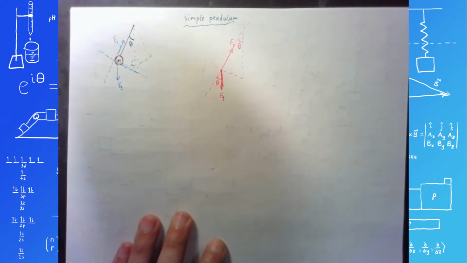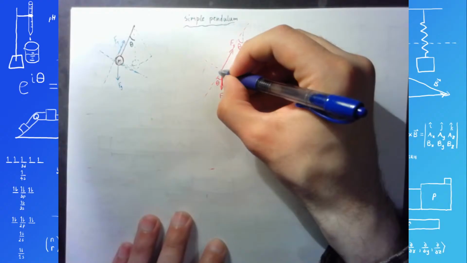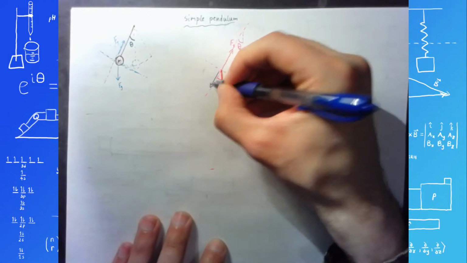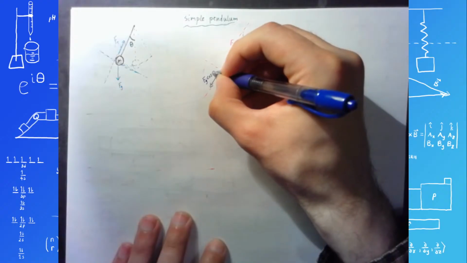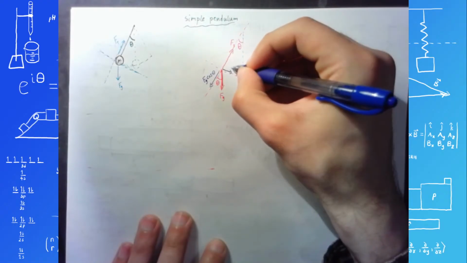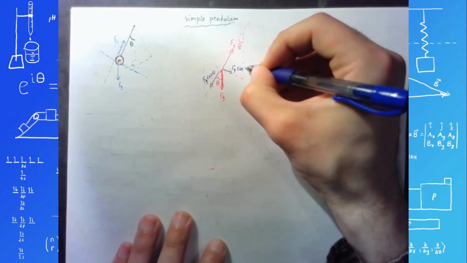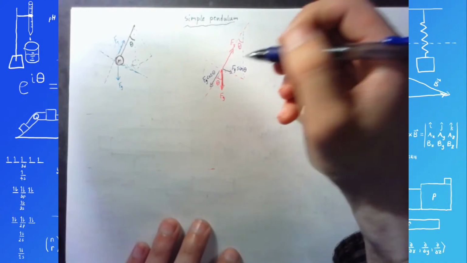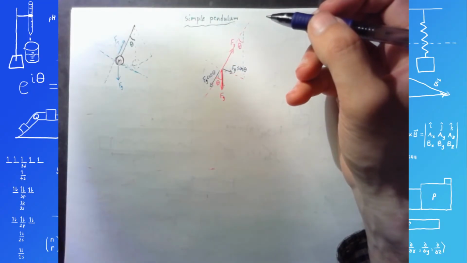Then we can split our force of gravity into a cosine component this way, force of gravity cosine theta, and a sine component this way, force of gravity sine theta, tangent to the path. Force of gravity cosine theta has to cancel with the force of tension.